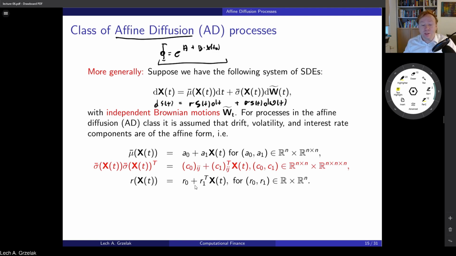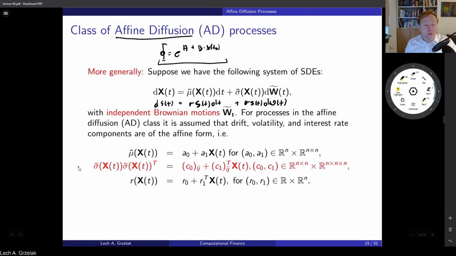So then we would have the same condition, R0 plus R1 transpose, where R1 is a vector, times x_t, the vector of state variables. If we have a constant interest rate, R0 is the only term that is left, and R1 is simply equal to 0, right? So this will be the case in our model. And so the Black-Scholes model is also satisfied without any problems.